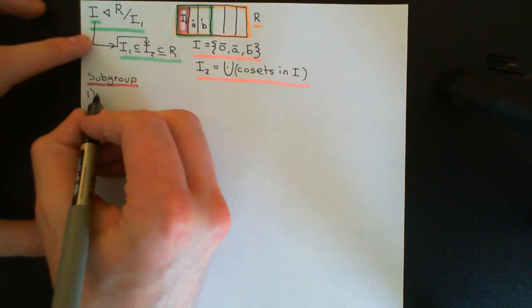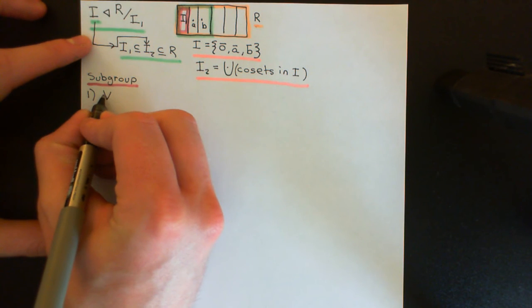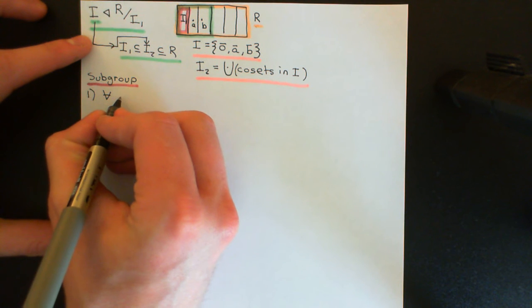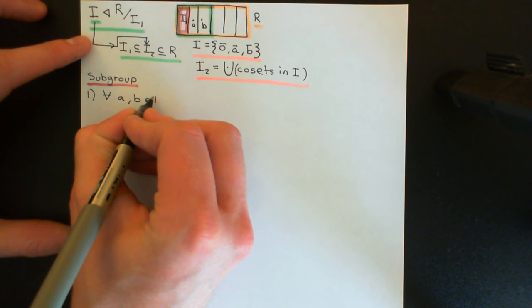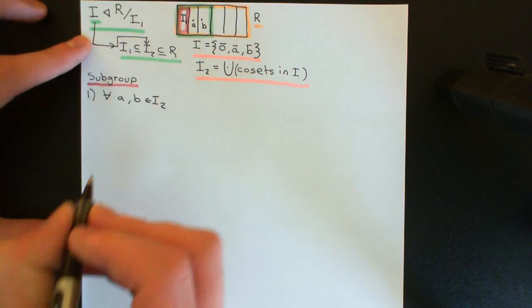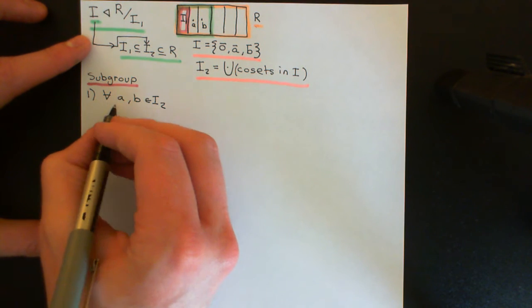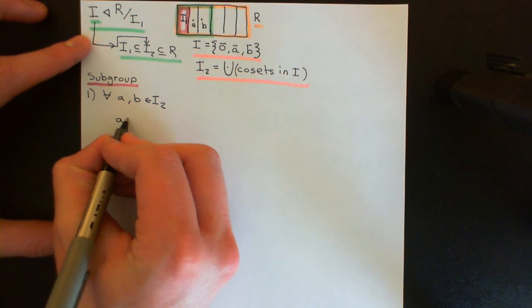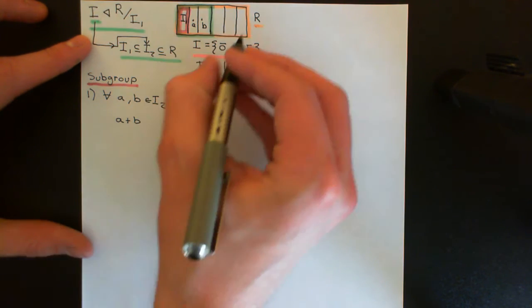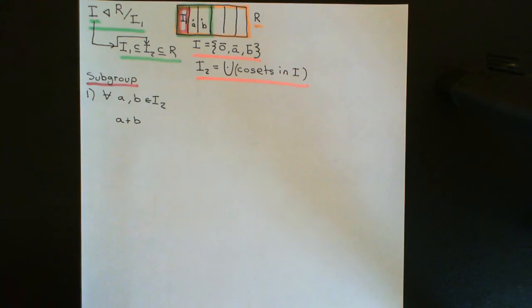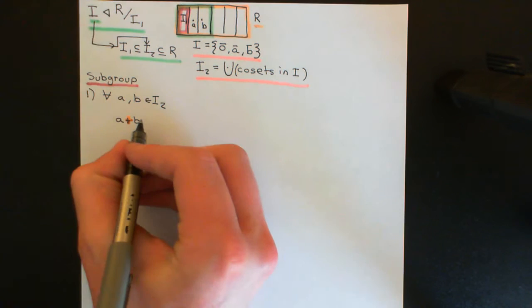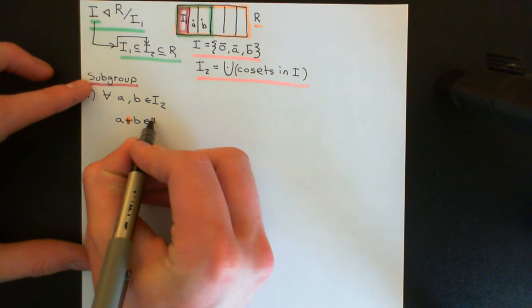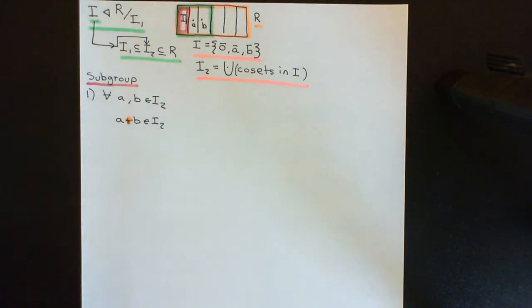So what I need to show is that if I pick two arbitrary elements from this subset, let's say A and B, which are two arbitrary elements from the subset capital I2, and I add them together, and this addition is in the ring capital R, that I end up with something that's back in that subset. I never end up with something that's outside of the subset.